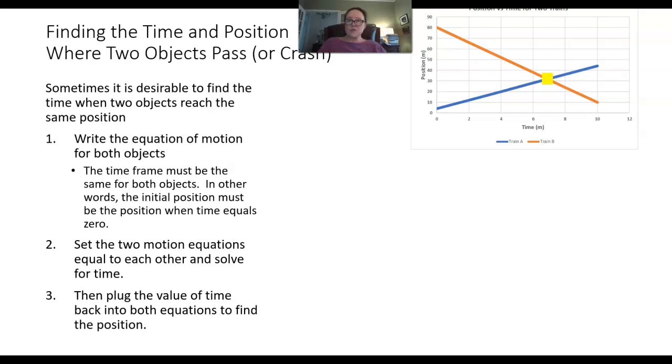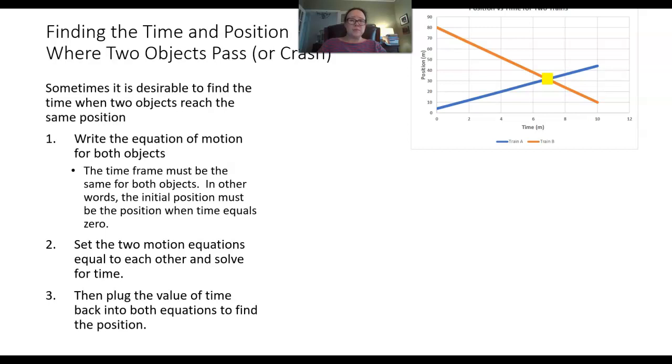So the process for doing this, first I need to write equations of motion for both objects. I have to be careful that the time frame is the same for both objects. In other words, when I put in the initial position at time 0 in my equation of motion, I have to be assuming that the time zeros are the same for both objects, okay?